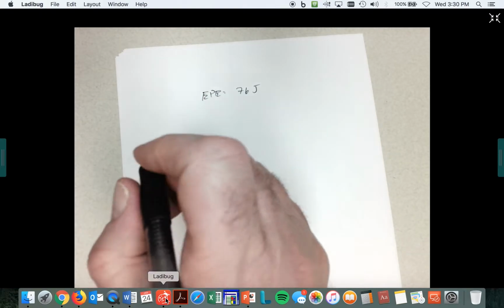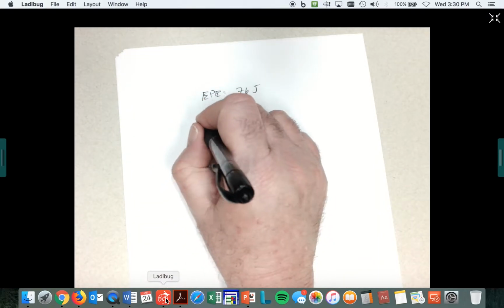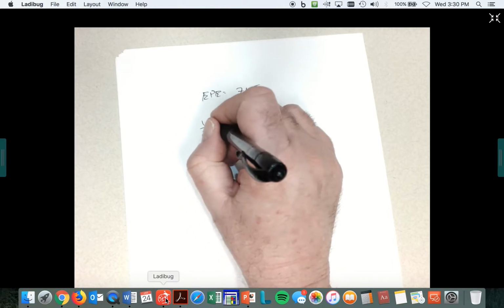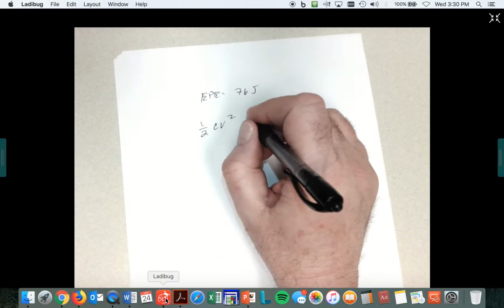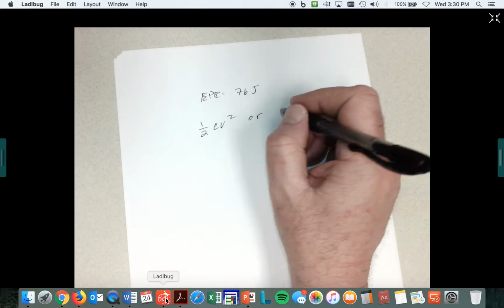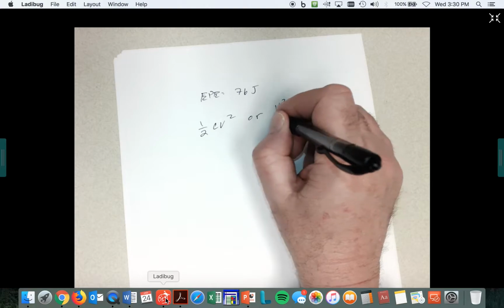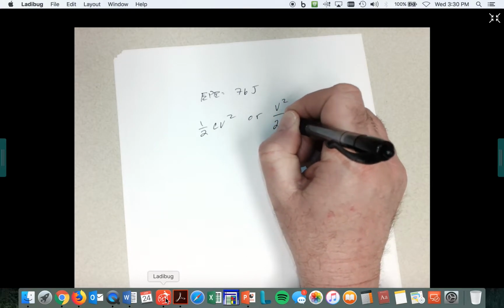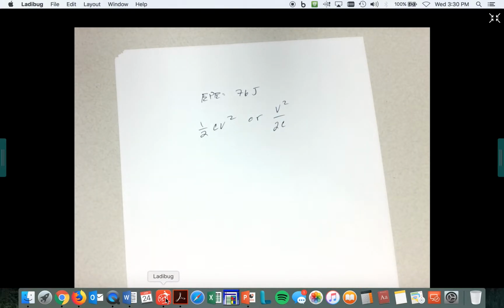Well, we've got our two energy equations, right? We've got 1/2 CV squared, or you've got V squared over 2C, equal to the energy.